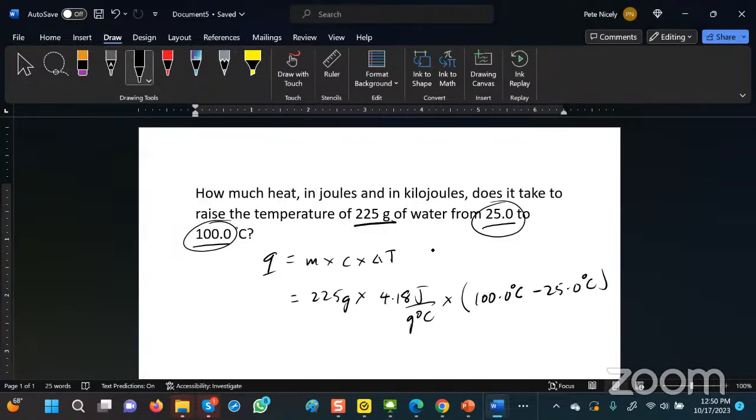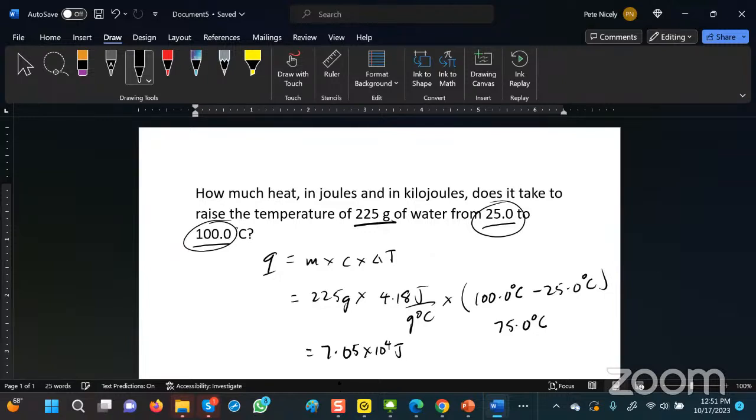Now this part within the parentheses, I would work out first, and that would be equal to 75.0 degrees Celsius. And then I would do the rest. So that's 225 times 4.18 times 75. And according to my calculations, when this is rounded off to 3 sig figs, this works out to be equal to 7.05 times 10 to the 4 joules.